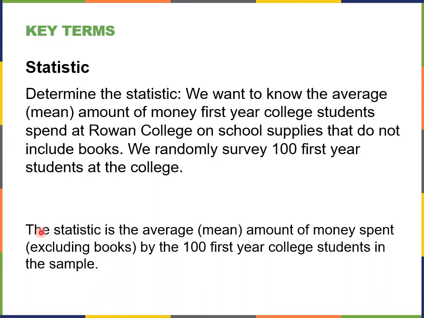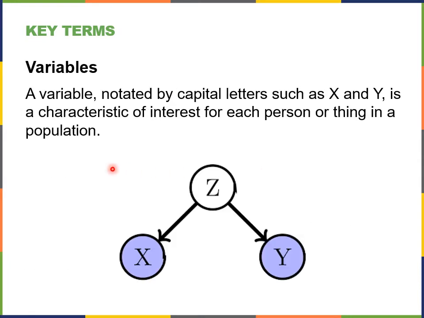Now, I hope that that statistic accurately reflects the parameter, because the statistic came from the 100 students. The parameter would be coming from all the students. Does the statistic reflect the parameter? And oftentimes, it should, and it will, but that's only if the sample reflects the population.